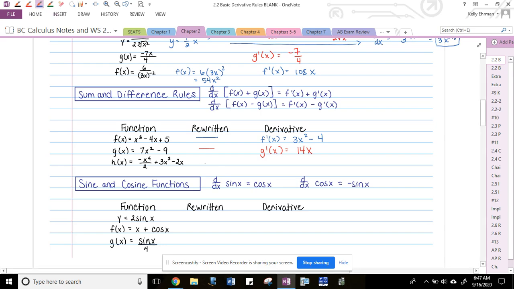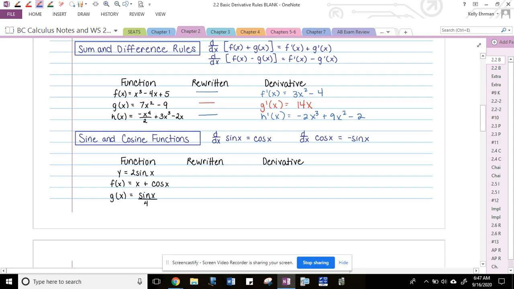Derivative is 0. Nothing to rewrite for h of x either. So h prime of x is equal to, let's see, when we pull the 4 out in front, negative 4 divided by 2 is going to be negative 2 x to the 3rd, plus 3 times 3 is going to be 9 x squared minus 2, and that's it.